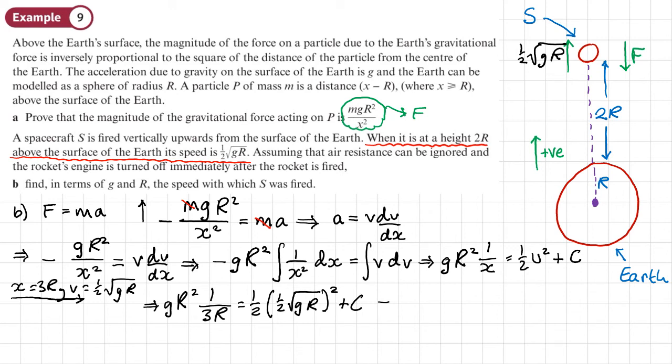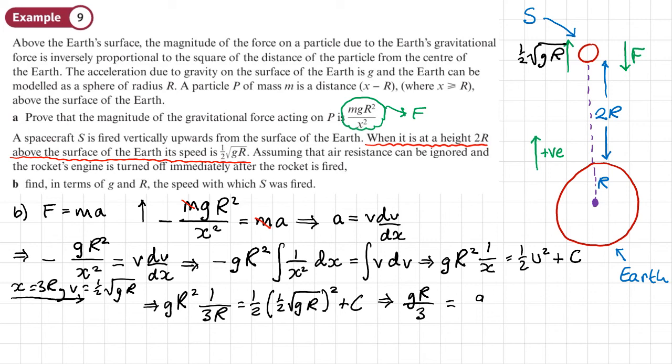Lots to simplify here. On the left hand side we'll have gr over 3, I think that's right because the r's will cancel out, is equal to, so if I square this side that will become a quarter, so then a quarter times a half is 1/8, and then I'm going to square the square root here, so that will just become gr, so I could write that as gr over 8.